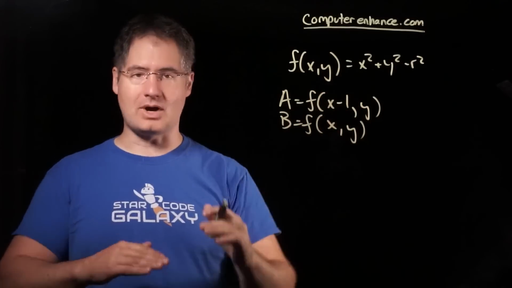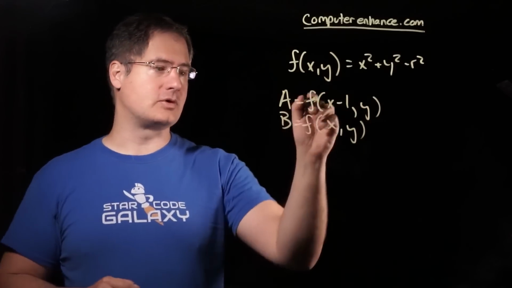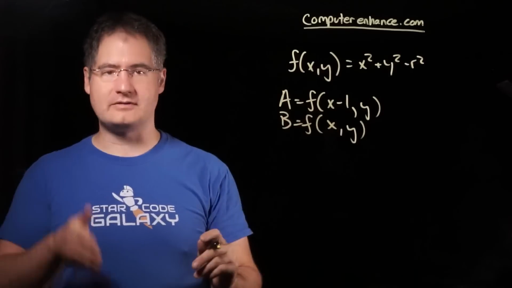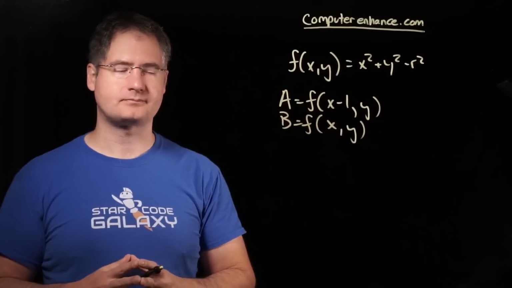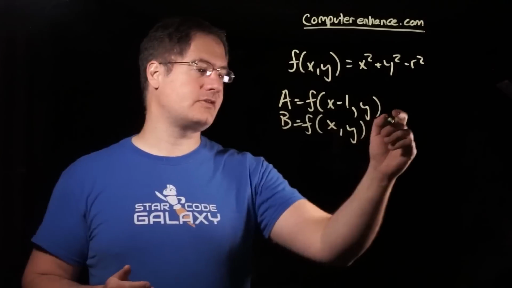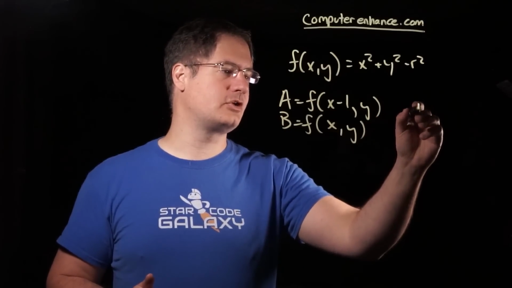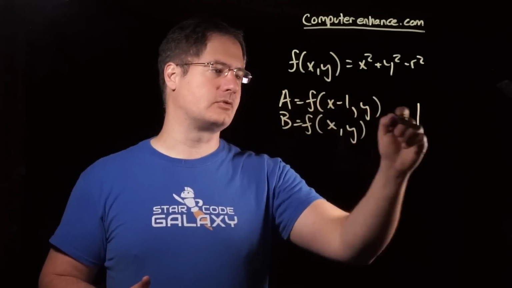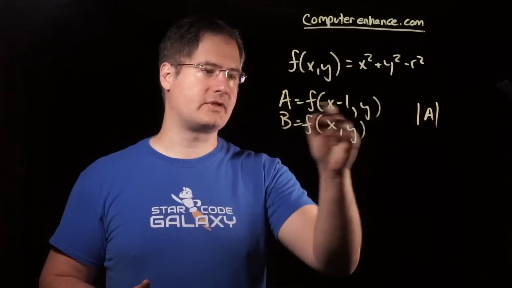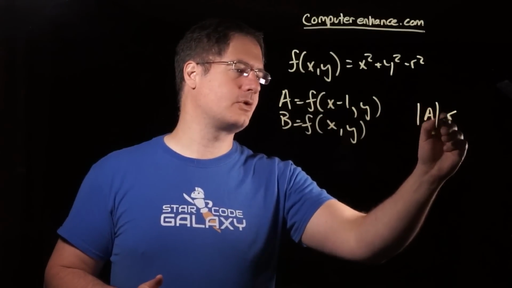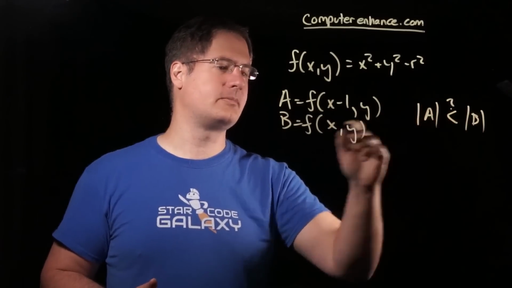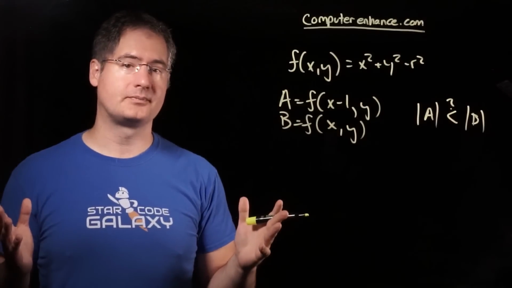For some given y, which we now know we've stepped to, do we want to go to the left, or do we want to stay in the column that we're in? And again, to do this, really straightforward, all we have to do is say, is the magnitude, right, of the A function going to be less than the magnitude of the B function? That's all we need to know.